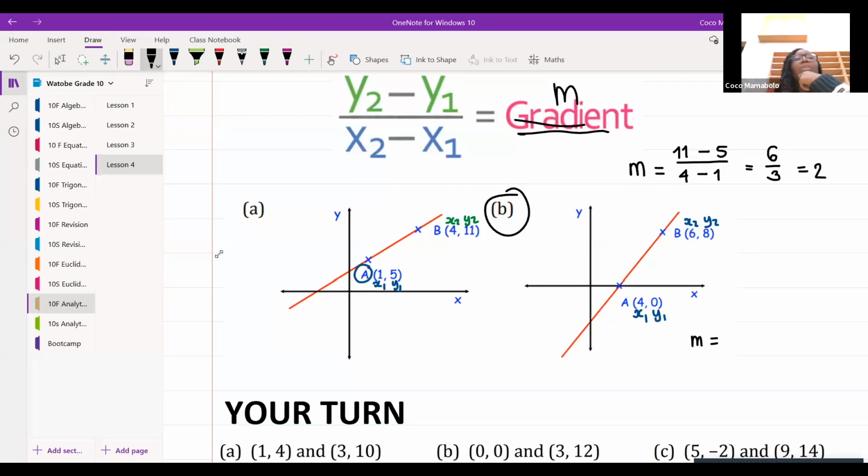Mamello, what's up? Hello, ma'am. I understand the gradient since I was doing it from grade 9, but I have a problem with quadrilaterals. I've been doing it at school and with you, but I still don't understand.